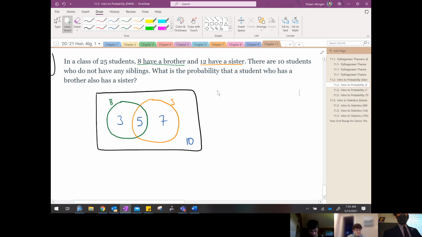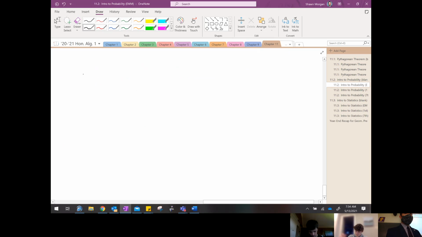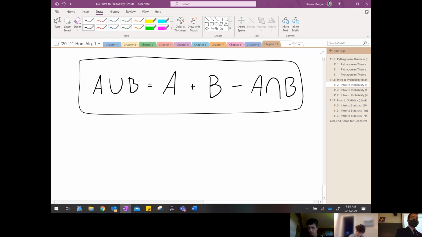There's a formula for this, and I'm about to write it down, and I want you guys to write it down too. All right? The union of 2 sets is equal to the number in the first set plus the number in the second set, but that's too many, right? We've counted too many, so we have to subtract the intersection of those 2 sets. It's a really fundamental formula for set theory, for counting sets and subsets of things.